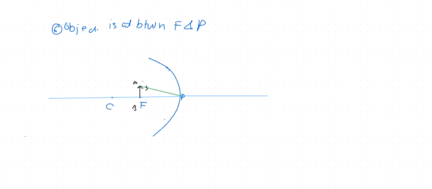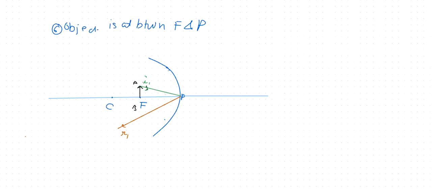Do you remember what happens when an incident ray is oblique to the principal axis? It gets reflected oblique only, but on the other side of the principal axis. So let me make this R1. Remember, this is the case where we haven't taken it parallel to the principal axis. We are taking oblique, rule number 4.